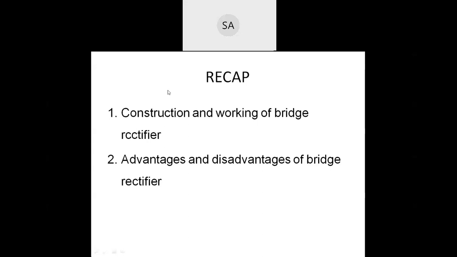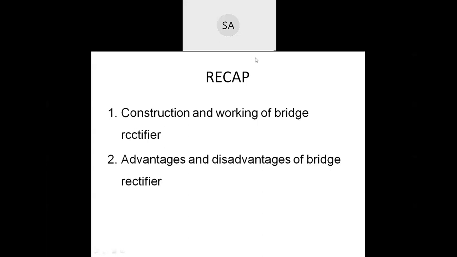All the remaining parameters are equal to the center tapped full wave rectifier, that is IDC is Im by pi, VDC is Vm by pi, and IRMS is Im by root 2. The ripple factor is also 0.482 for the center tapped and bridge rectifiers, and the ripple frequency is also 2f. The only change is voltage regulation, which in the center tapped is RF by RL, whereas in the bridge rectifier it is 2 RF by RL.